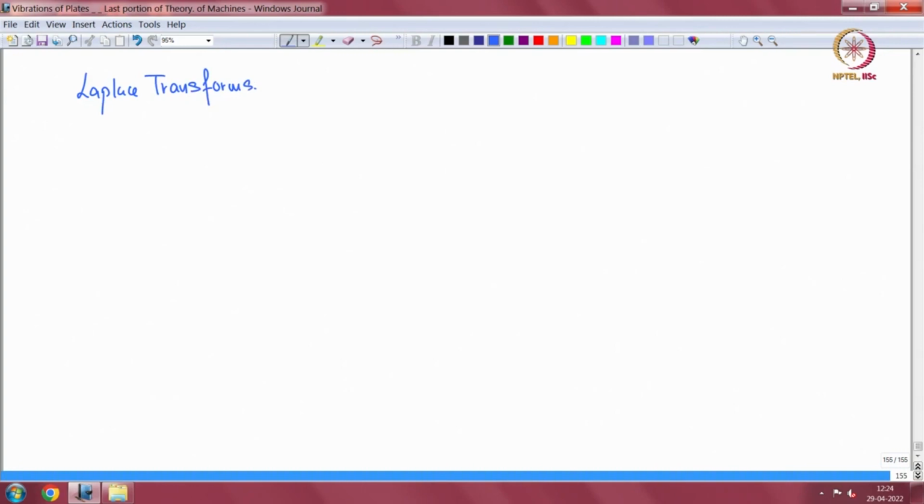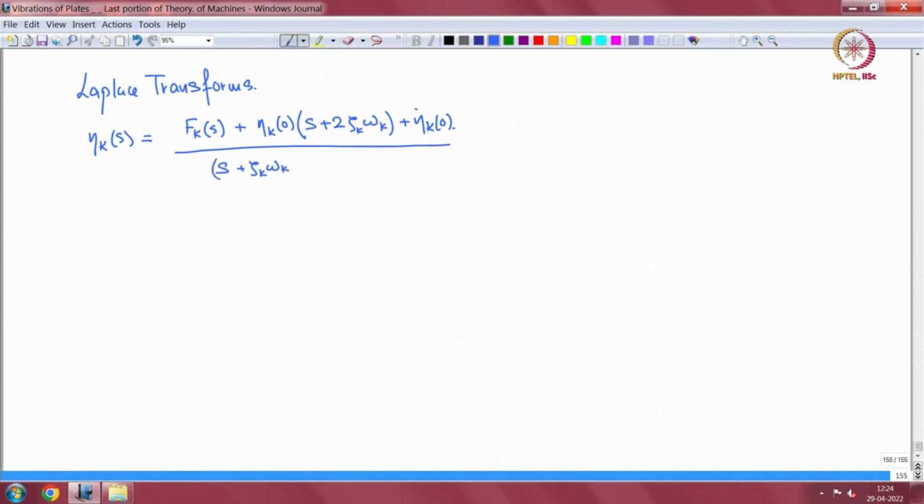So if we take the Laplace transform of that modal participation factor equation, it looks like this: eta k of s is the Laplace transform of the modal force plus the initial condition that has this coefficient twice zeta k omega k plus the derivative initial condition, and in the denominator we have s plus zeta k omega k whole squared plus omega k squared times 1 minus zeta k squared.